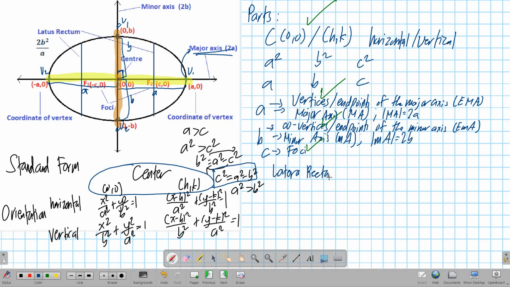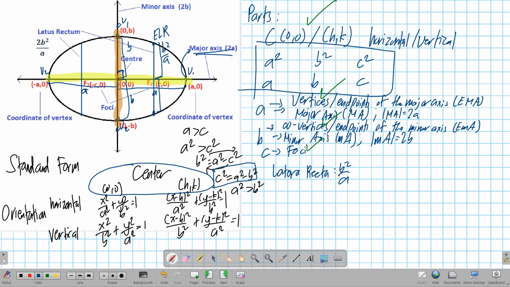So you have two latera recta in our ellipse. To find the coordinates of the endpoints of each latus rectum, that would be b squared over a. So the length from one focus to the endpoint of the latus rectum is b squared over a.